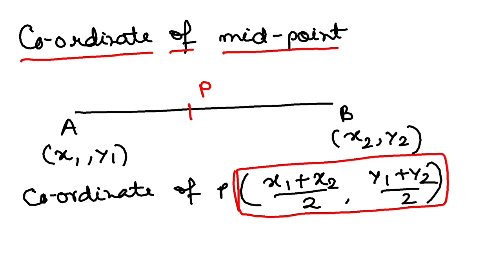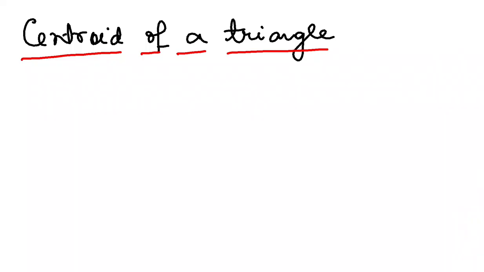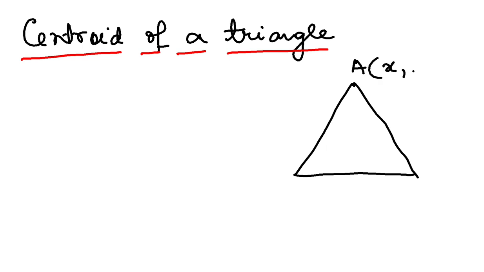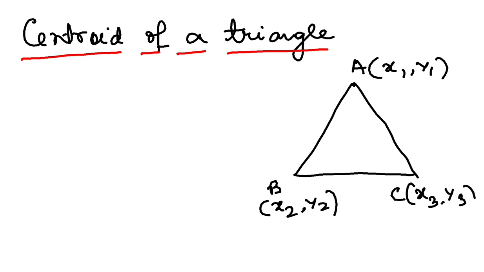Now the next concept is the centroid. What is a centroid? If you take a triangle, it has three vertices. Suppose A is x1, y1, B is x2, y2 and C has coordinates x3, y3. Now AD is the median. You know what is the median? The median divides the opposite side into two equal parts, so these two parts are equal.